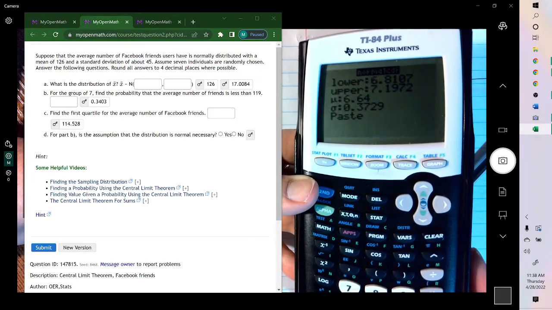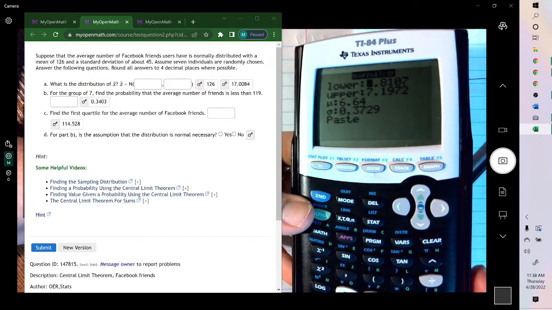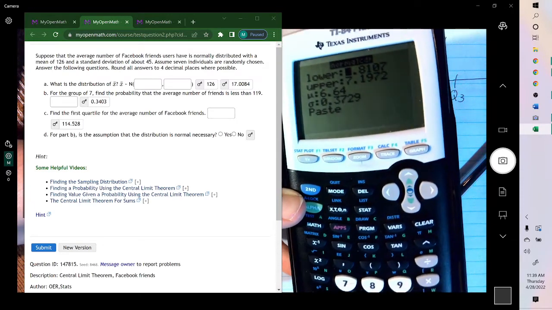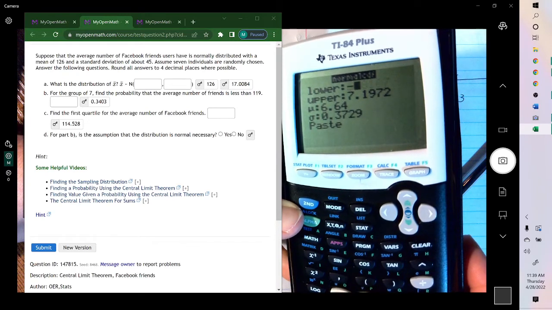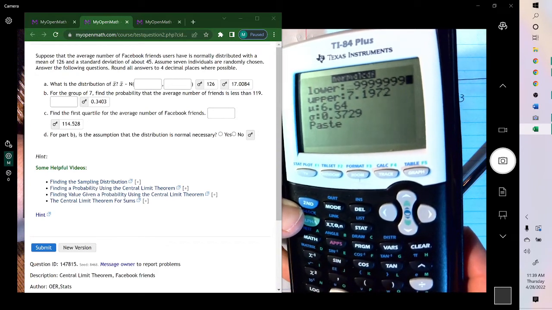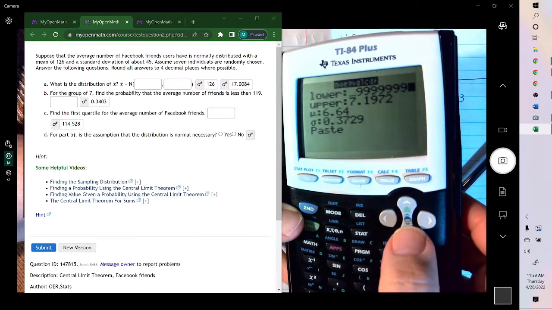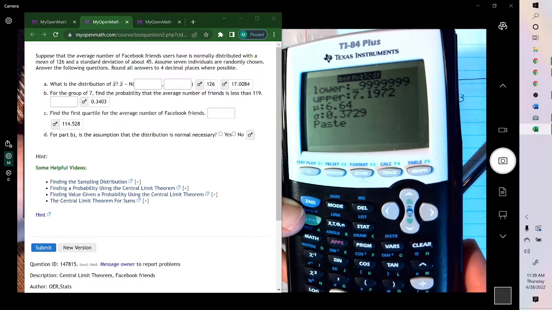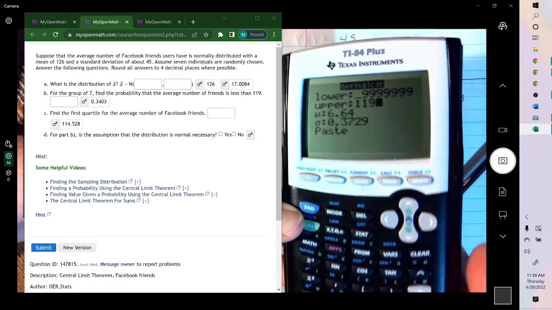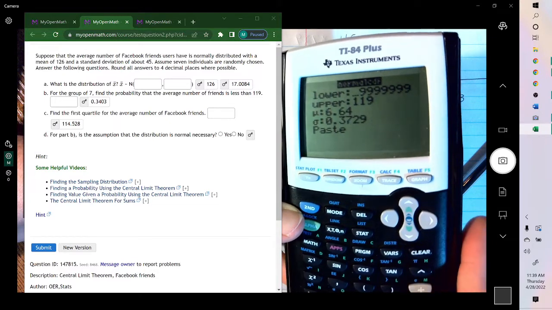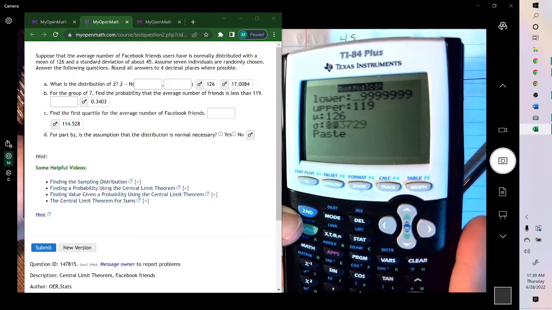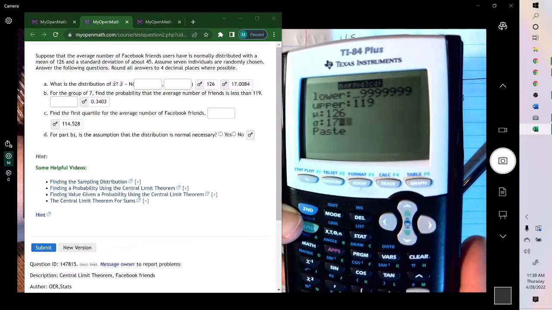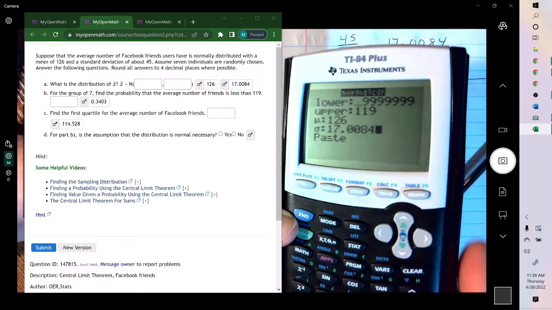Now we're doing less than 119, so it's 119 and lower. So you want to do a large negative number. And then the upper is 119, the mean 126, standard deviation 17.0084.